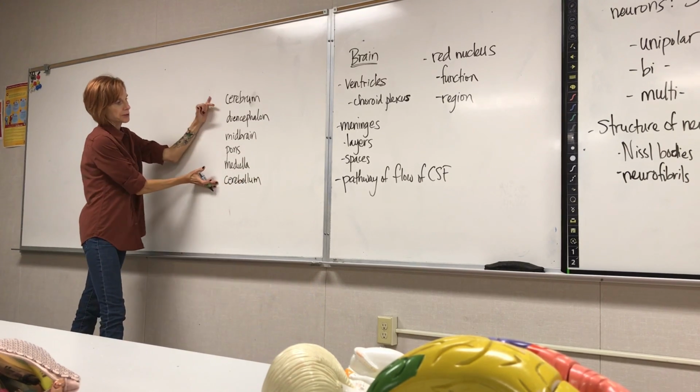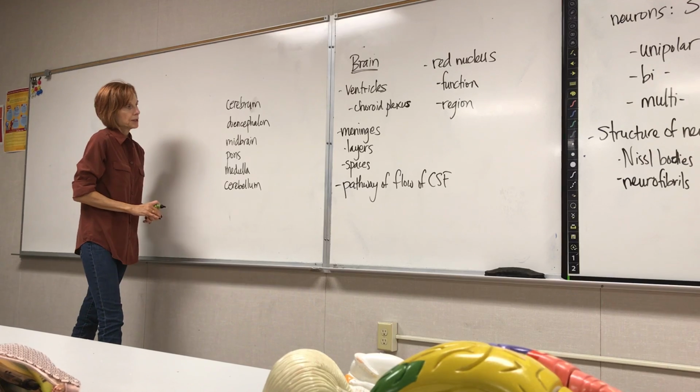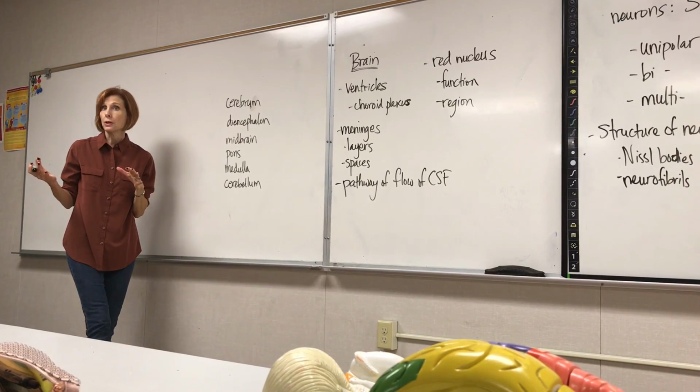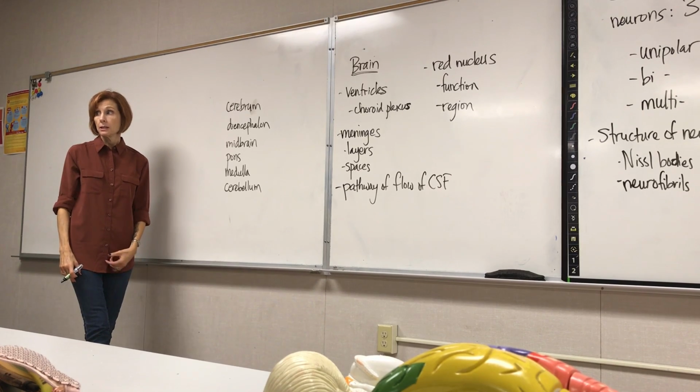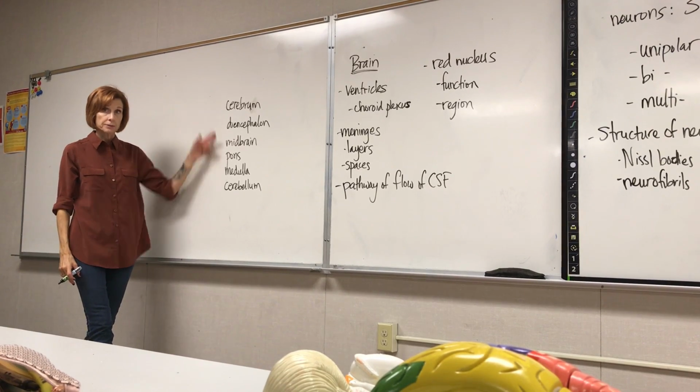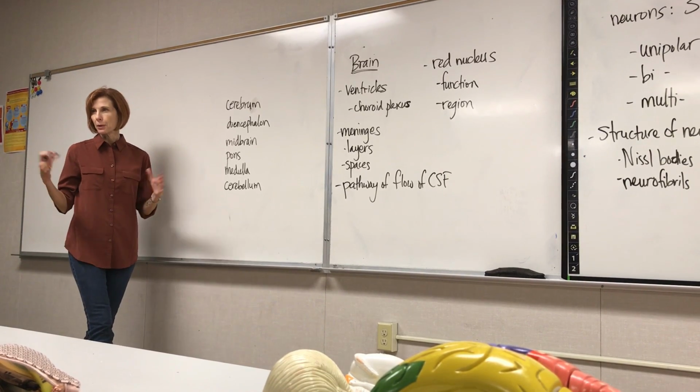Okay, these are the regions. So I may ask you, like for instance, what region of the brain is the red nucleus located in? Okay, so you should know that for all those different parts of the brain that we talked about.